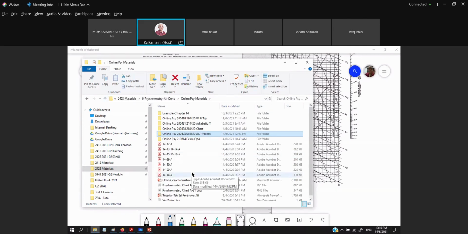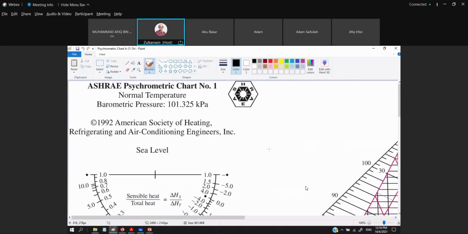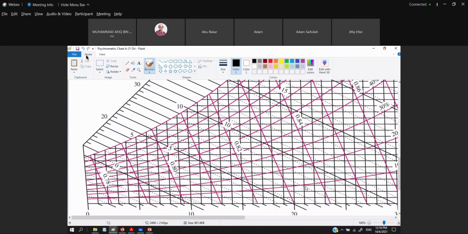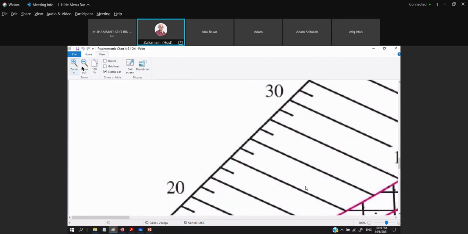Let's see here, mana dia? Online psychrometric chart, original. Let me see this one. This is the original one. Let me zoom in, out.